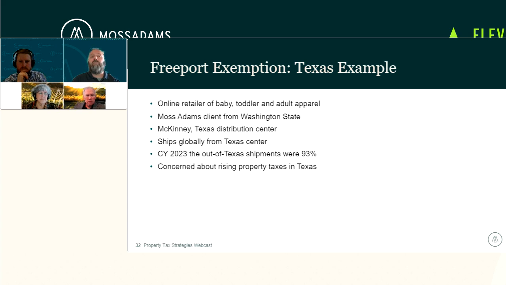Those of us in Texas know we're very proud we don't have a state income tax. However, we have very stout and high property tax rates, as those of you who pay property tax bills here know. So the taxpayer was very concerned about this rising amount.